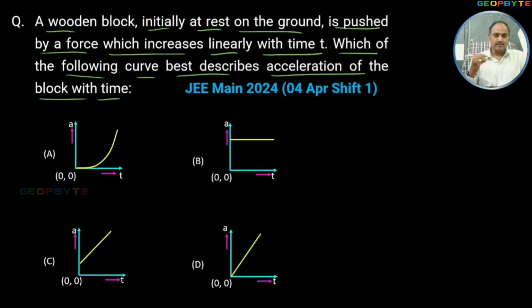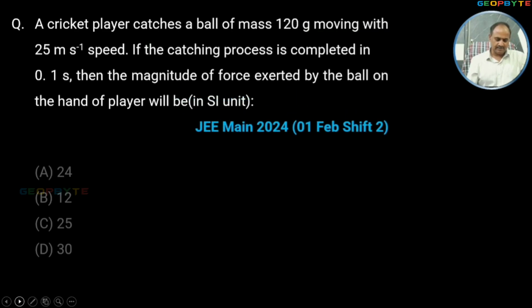Since the force is linearly applied, therefore, along with the time, acceleration is linearly varying. Among all the curves, only D is maintaining the linear variation between the acceleration and time. Therefore, you can opt for option D. Okay, very simple question.